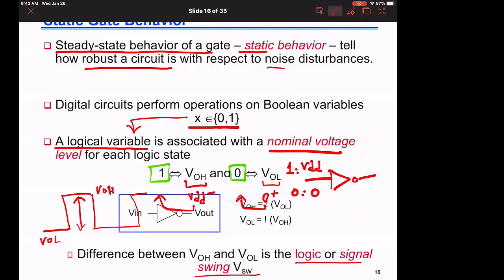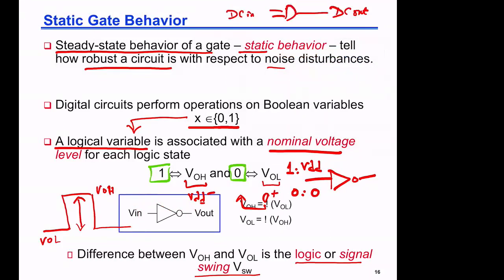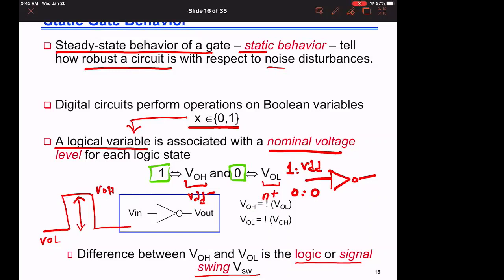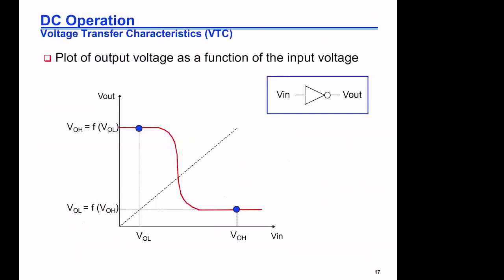What we are showing here is that the circuit will have Vin and Vout, and therefore VOH is the not of VOL and VOL is the not of VOH. Let's see why we talk about VOL and VOH.